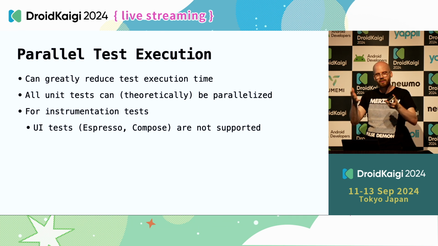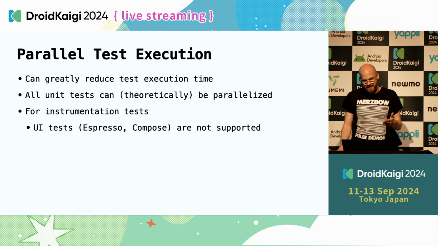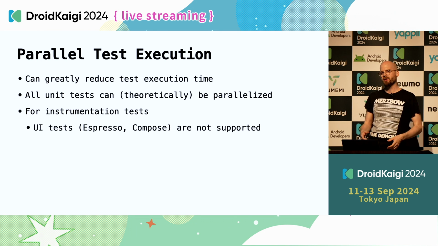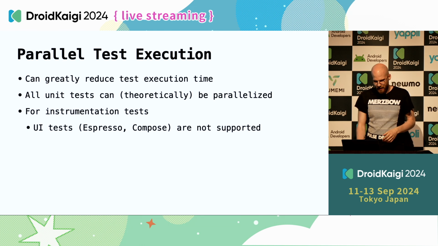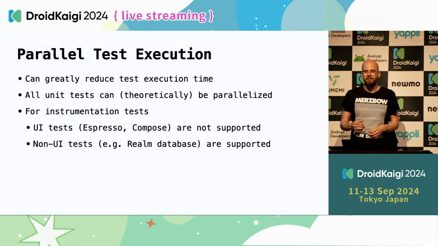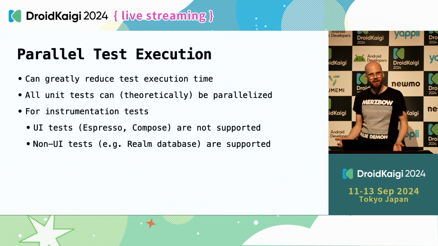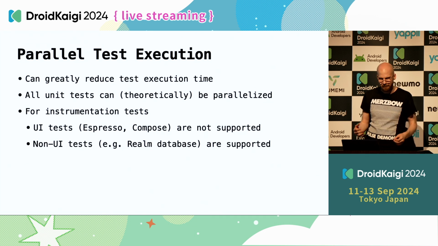So if two of them do it at the same time, it doesn't work. I tried, it crashes. So unfortunately, these kinds of UI tests cannot be parallelized. Compose, Espresso, yeah. But for non-UI tests, for example, if you have the Realm database, those tests have to run on an actual phone. Those you can parallelize because they don't touch UI.